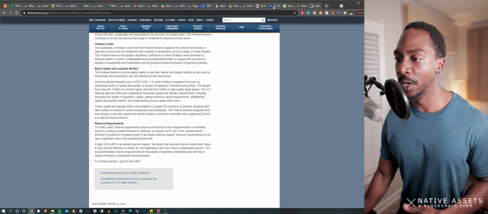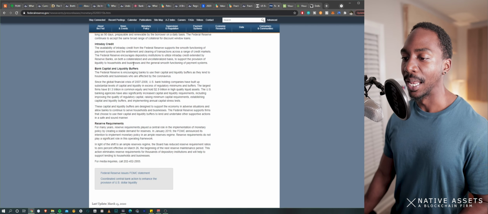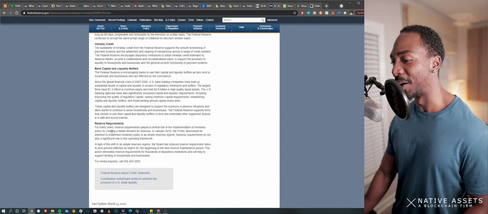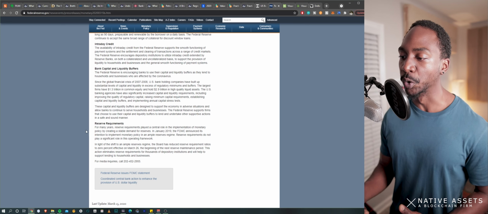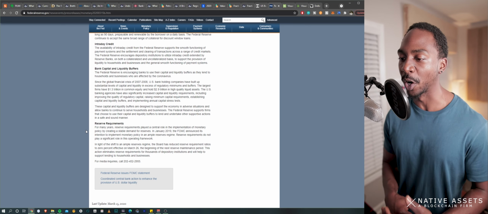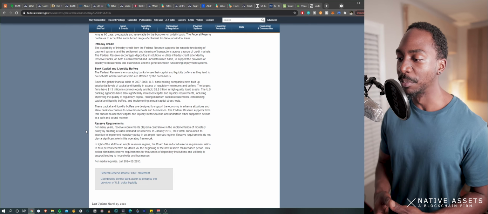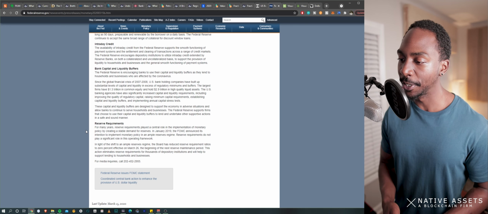So this here is the federalreserve.gov website, and it tells you right here, and you see how they put it at the very end. Reserve requirements: for many years, reserve requirements played a central role in the implementation of monetary policy by creating a stable demand for reserves. In January 2019, the FOMC announced its intention to implement monetary policy in an ample reserves regime.